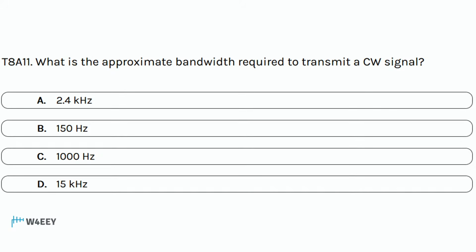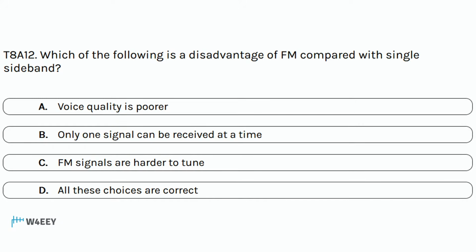Remember, it's 150 hertz. It's the narrowest of signals we've talked about so far. And which of the following is a disadvantage of FM compared with single sideband? Bravo. Because of the discriminator in the receiver, it'll only capture, it's called the capture effect, the strongest signal. So only one signal can be received at a time.